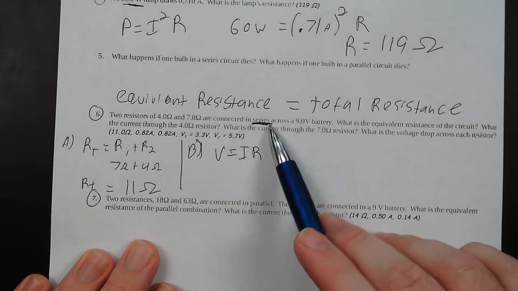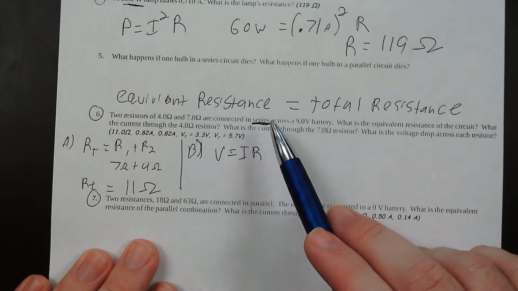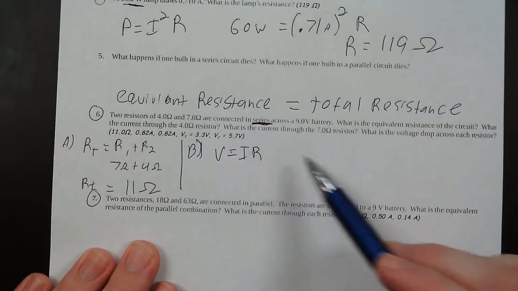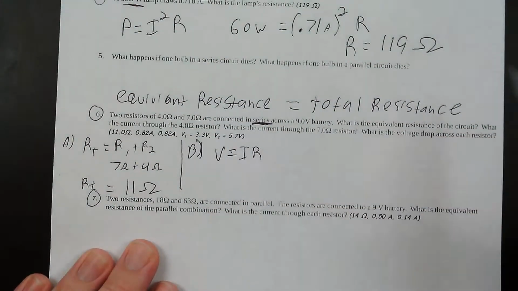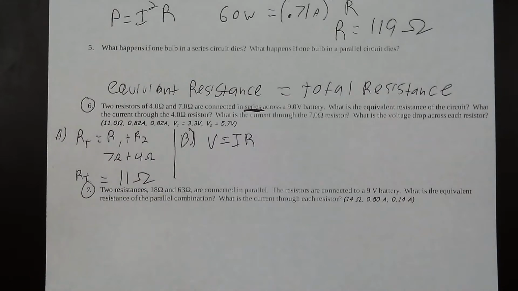One of the things we talked about at the beginning was that if you're looking for current in a series circuit, if you know it anywhere in the entire circuit, you know it everywhere in the circuit. Phrased another way, if you know the total current in a series circuit, that's going to be the same everywhere. Okay? The current has to be the same in a series circuit.